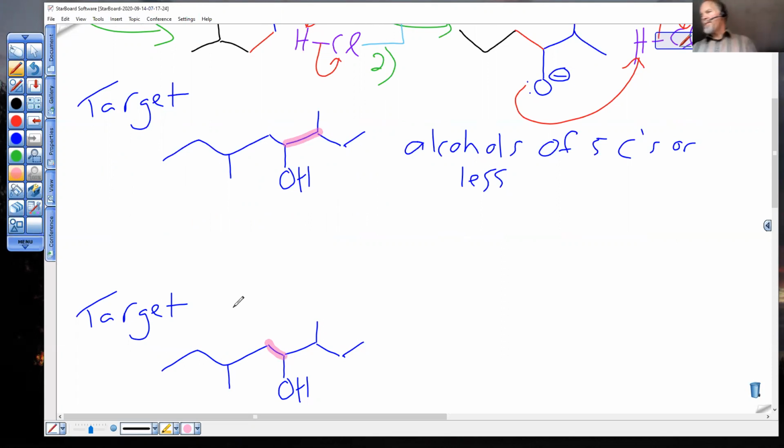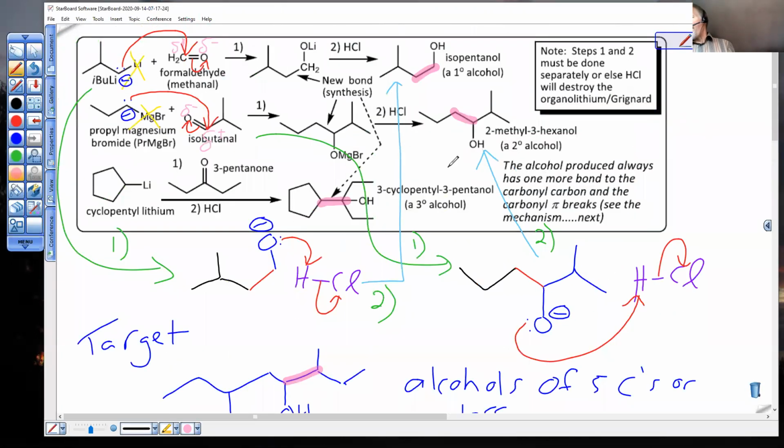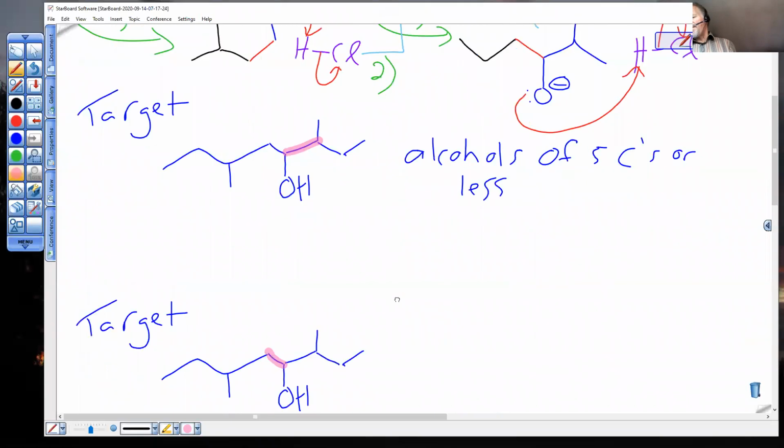Look at our molecules above. We knew how to make this bond, we knew how to make this bond, and we knew how to make this bond. But if this was my target, I could have made that bond by attacking a C- here on a ketone here. That's 2 approaches. And this has 2 approaches. And the reason I don't like the first approach as much will be clear, I hope.